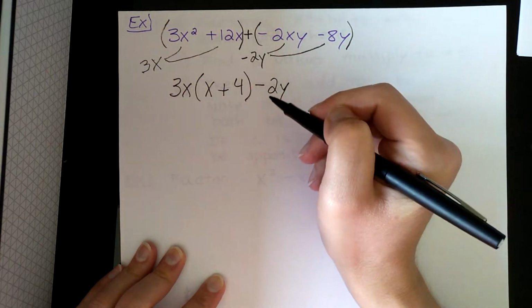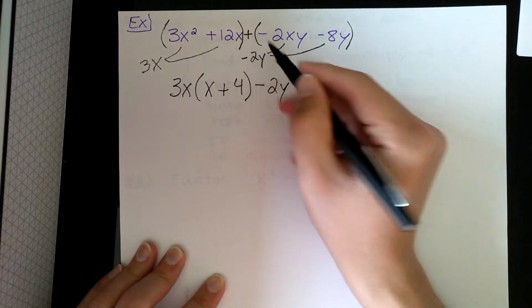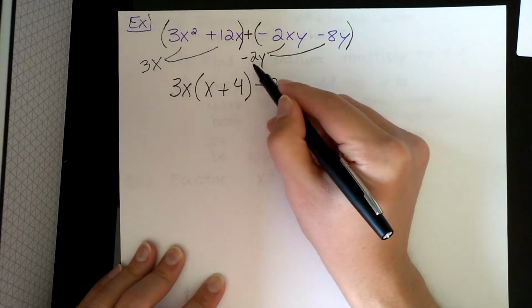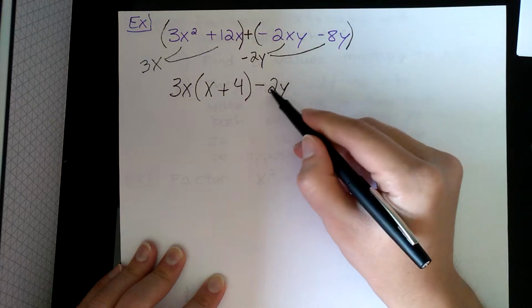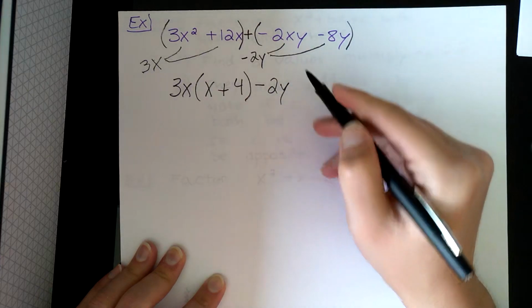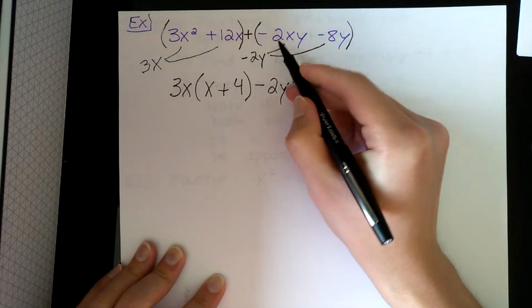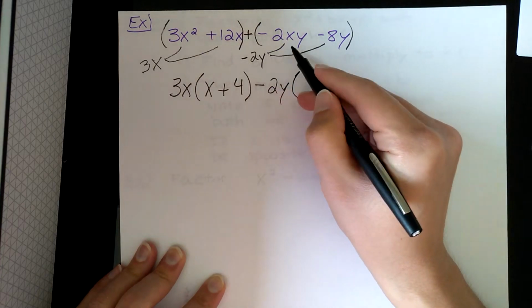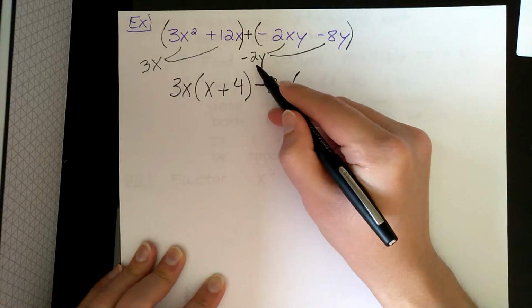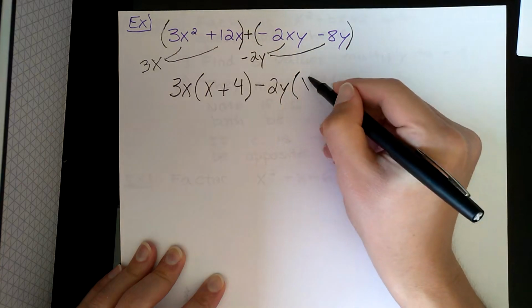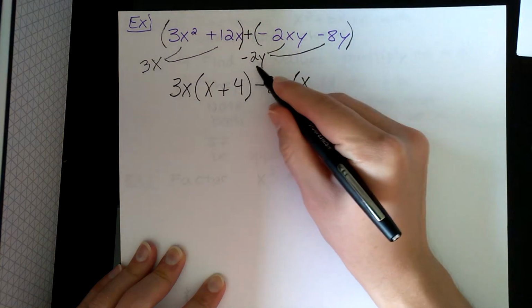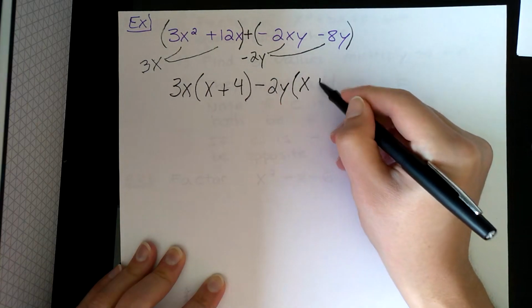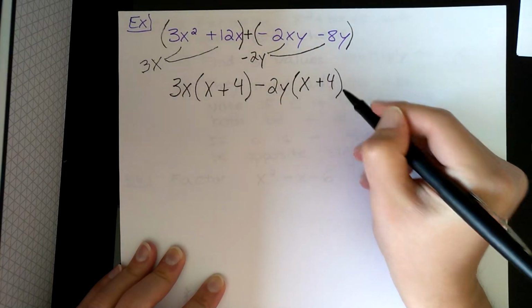That plus, we don't need it anymore, but if we had factored out a positive 2y, then we would put the plus here. So we have minus 2y times negative 2xy divided by negative 2y just leaves us with x. And negative 8y divided by negative 2y leaves us with plus 4.